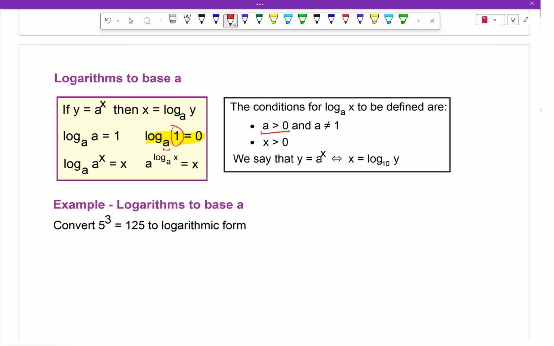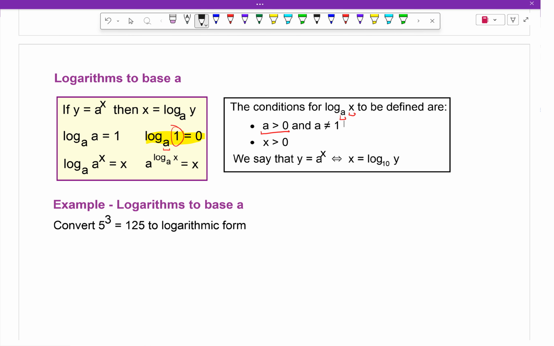Now, as mentioned, A must be bigger than 0. It's really important to keep in mind the condition for any log: the base A must be bigger than 0 and x has to be bigger than 0.